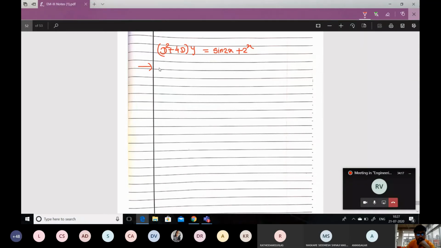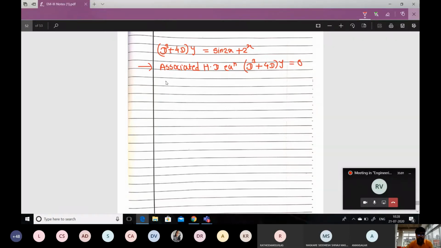So the process is very simple. Consider the auxiliary equation, or you can say the associated homogeneous differential equation. So the associated homogeneous differential equation is d cube, and here we have d cube plus 4d, y equal to 0.